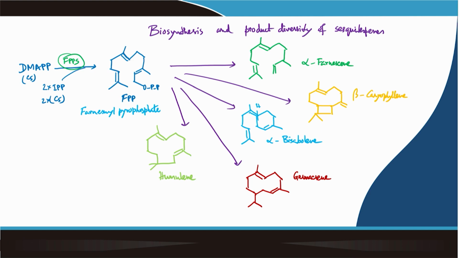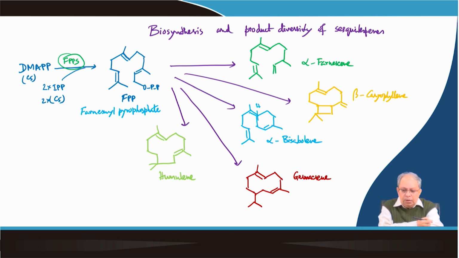So, these are all volatile compounds and you will find them in different plants. Alpha farnesene you will find in so many plants, particularly in the Rutaceae plants, the orange family. Caryophyllene you will find in Daucus carota, and bisabolene you will find in several species including Santalum. Germacrene also is a common sesquiterpene which is found in different floral scents, and humulene is specific for the hops.